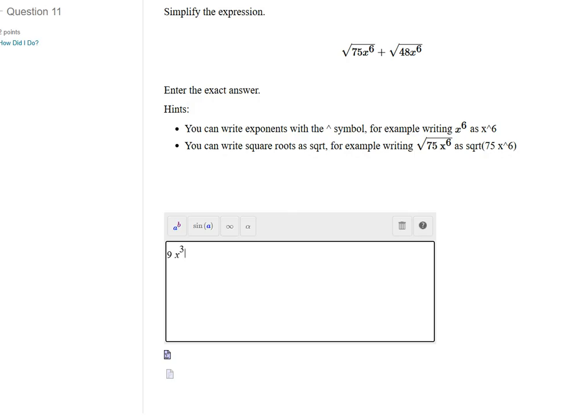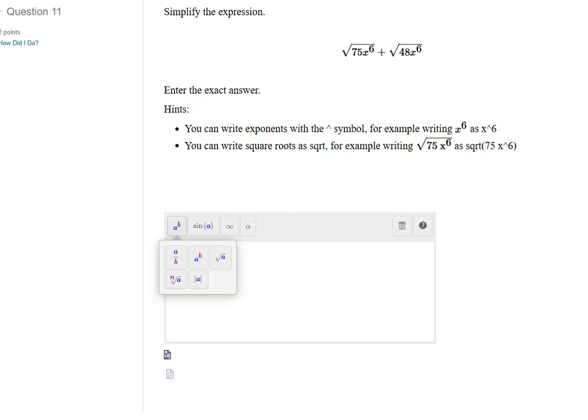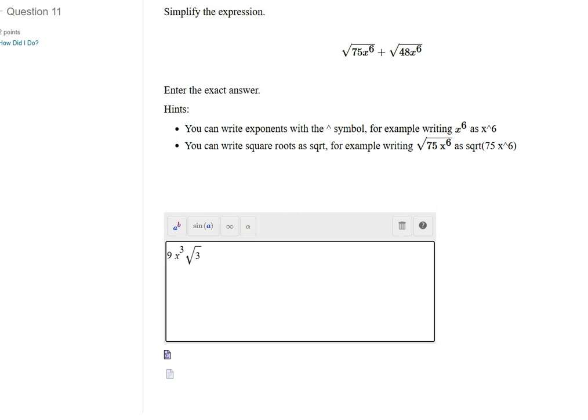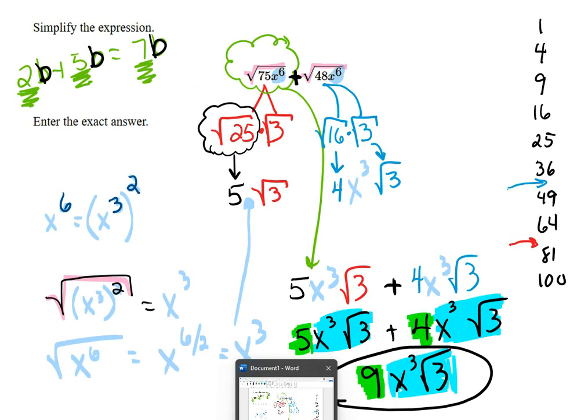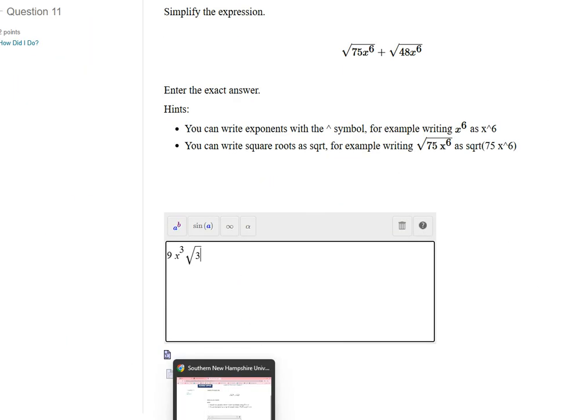And then scroll over to the right to drop this down again, and then go back up here and click on him, and I need a square root. So this is the square root, and just type a 3 in there. Isn't that what it was? 9x cubed times the square root of 3.